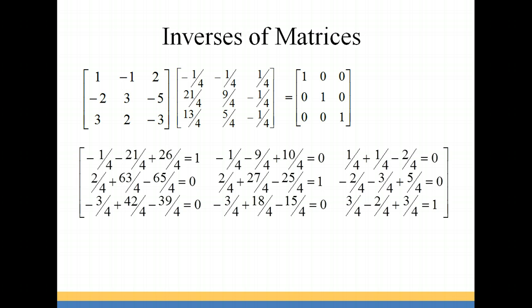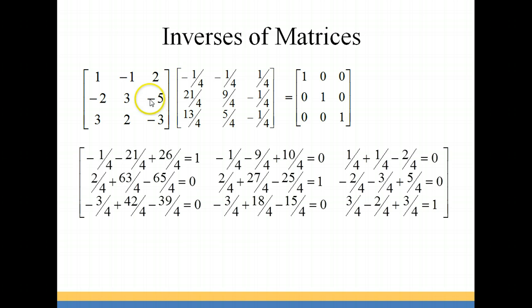So multiplying the second row by the first column, we have -2 times 1/4, which is positive 2/4. 3 times 21/4, which is 63/4. And -5 times 13/4, which gives us -65/4, which adds together to give us 0.